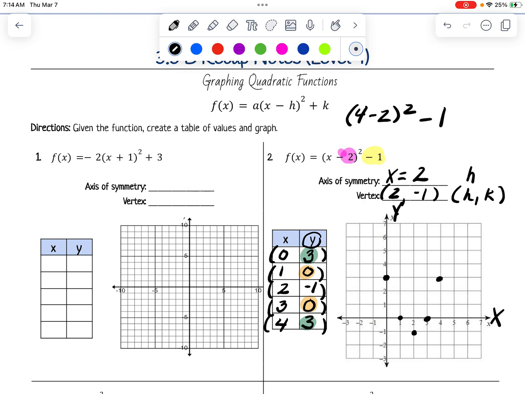Once I do that, I can draw my parabola. And remember, it's going to be a curved U shape. And I need to remember to extend it a little at the ends and put my 2 arrows on it. And I have successfully graphed my quadratic function.